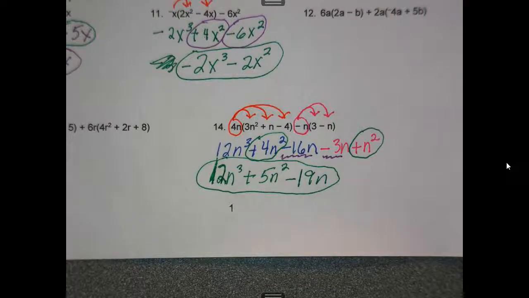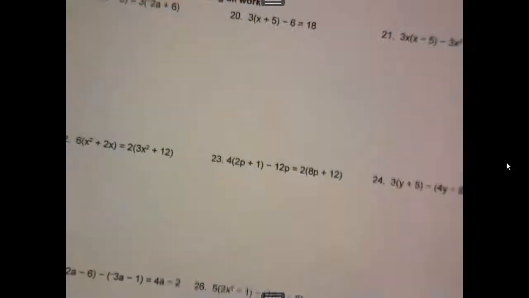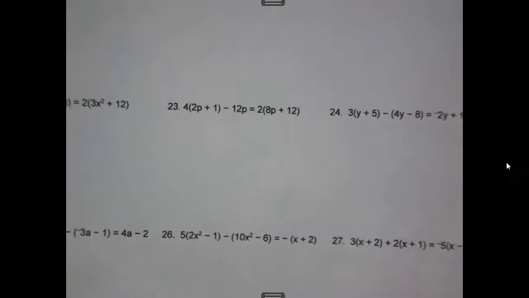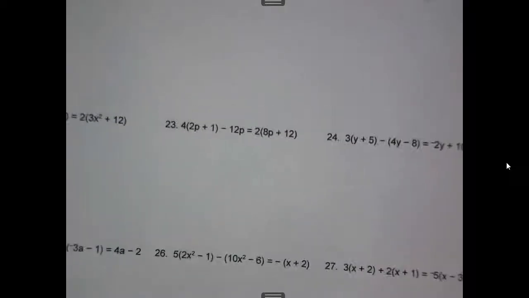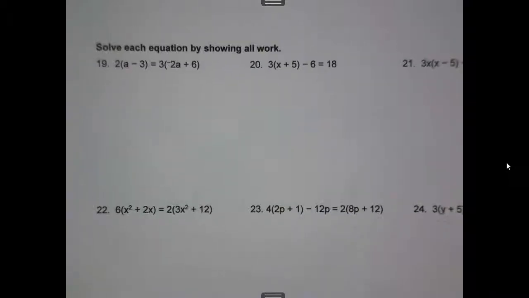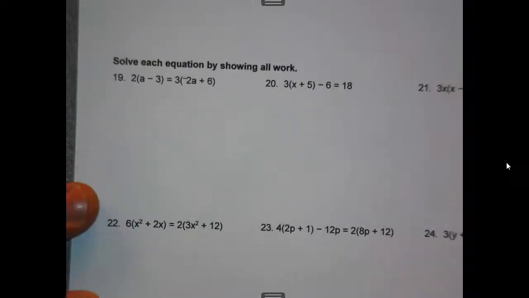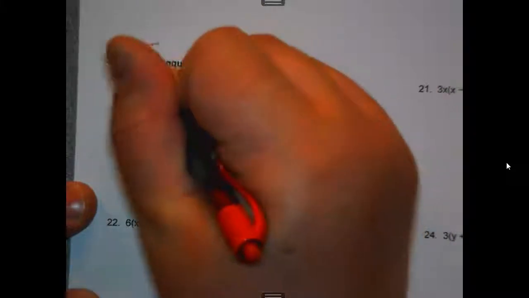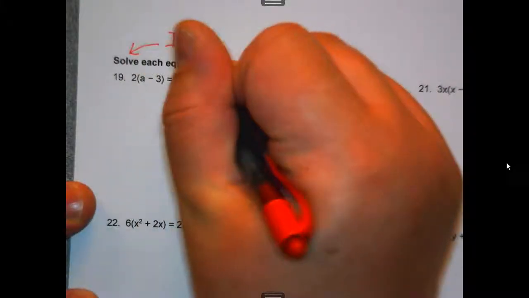All right, let's do some equations. So this time, not only do we have to distribute, but when it says solve, we got to do what? Isolate the variable, right?